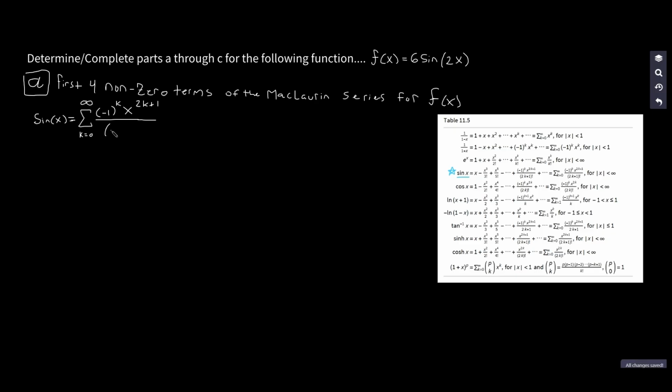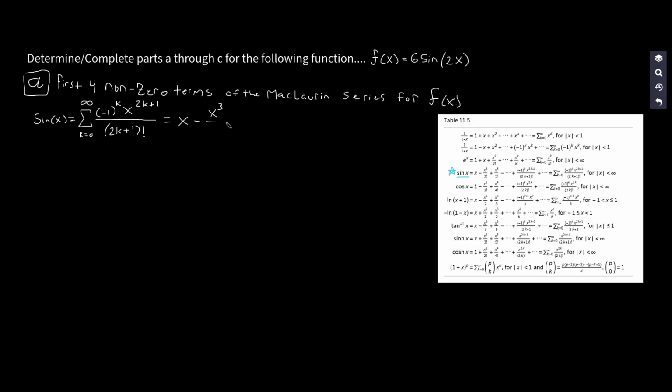And then in the denominator, we're going to have 2k plus 1 factorial, which I think is for odd indices.